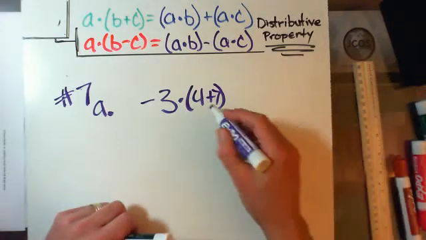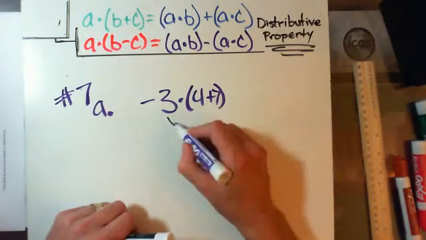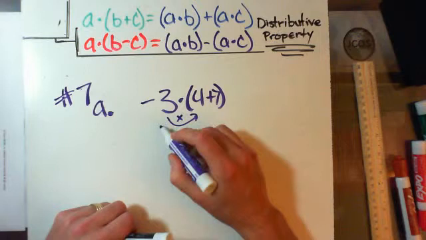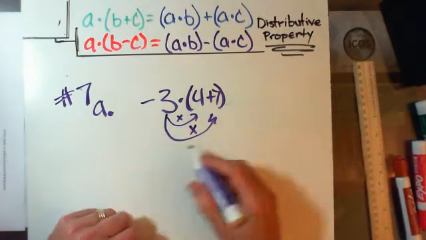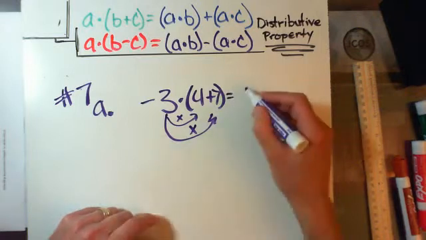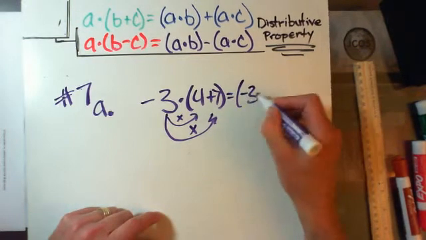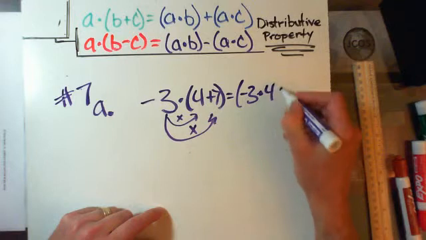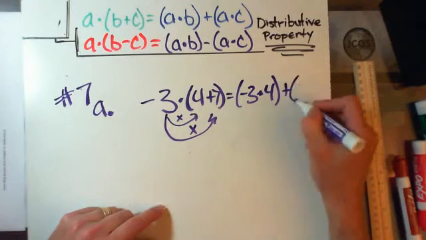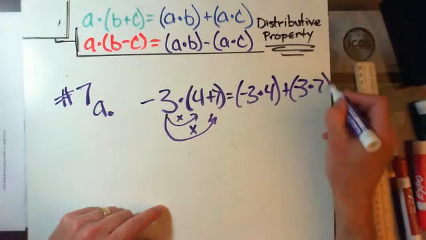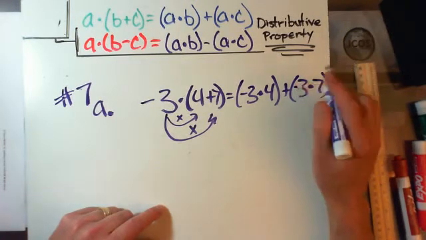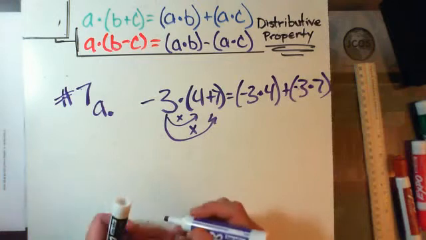All you've got to do is write the next part of it, which would be negative 3 times 4 plus negative 3 times 7. That's a little messy, but I hope that helps.